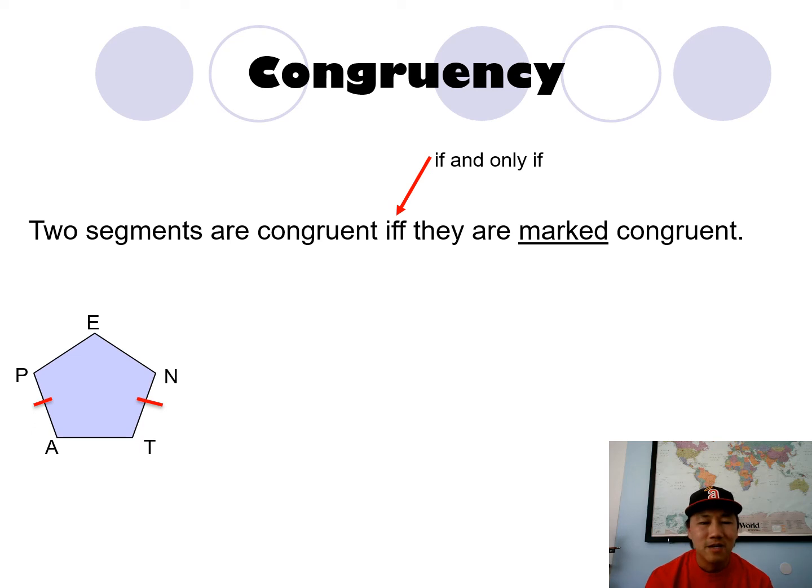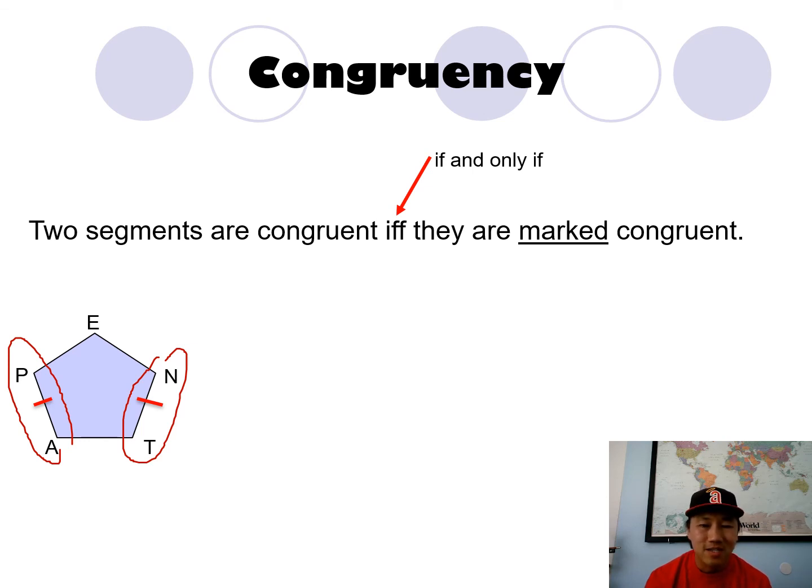For example, we have one shape here. It's a pentagon, and they're going to ask you which segments are congruent. As you can see, PA and NT are the only two that have that little red dash, which means that they are congruent.